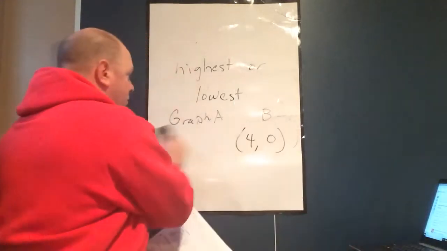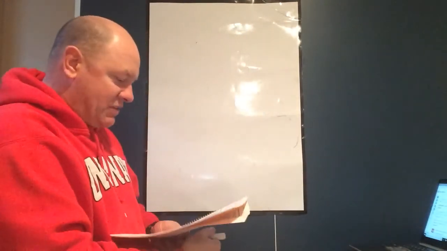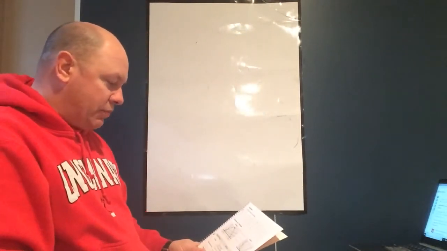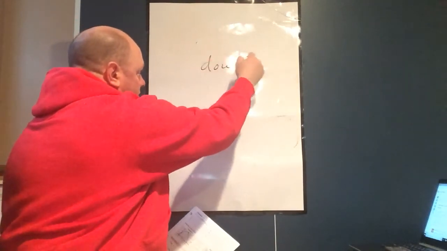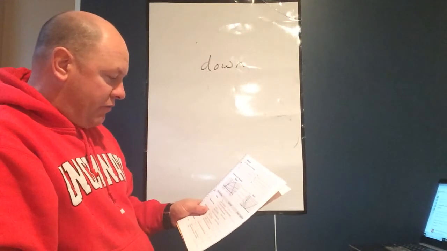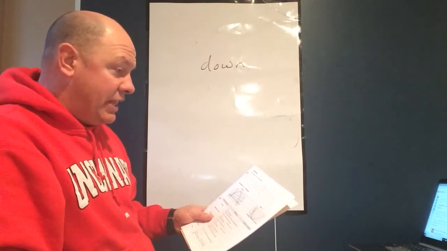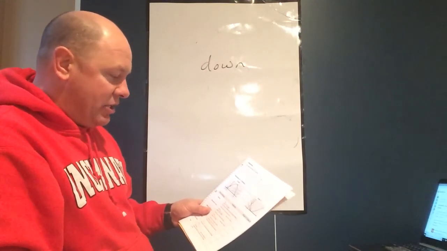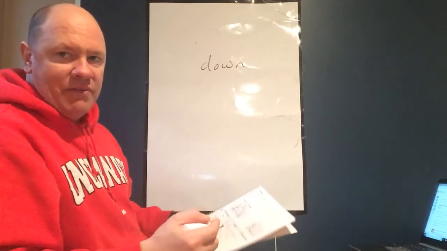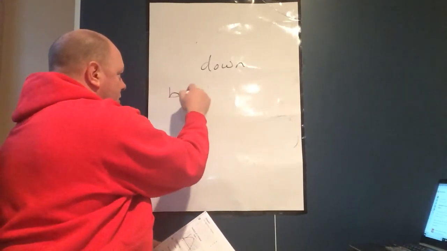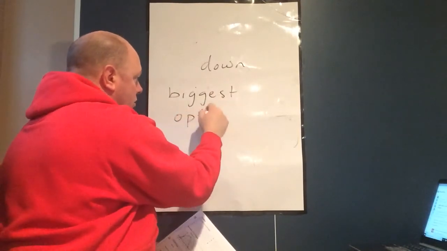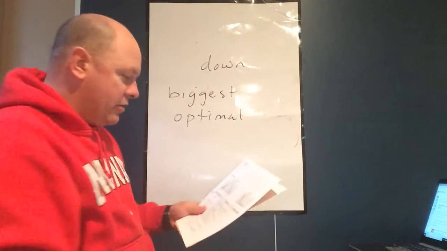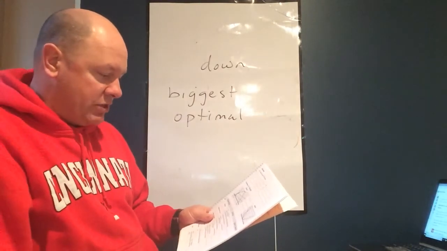For the next section, we're looking at the max value. It occurs only if the parabola opens down. It is the biggest y value, or optimal y value, and it's the y value of the vertex.